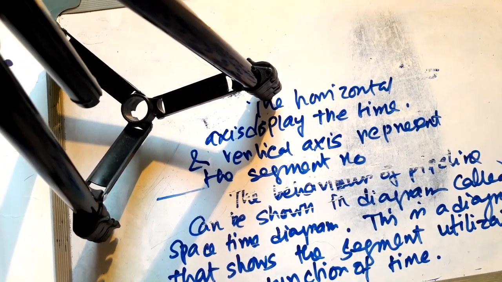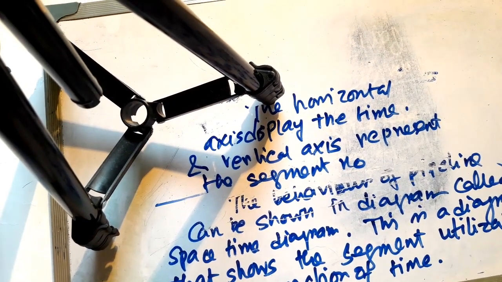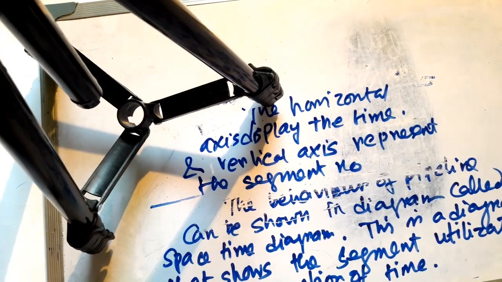This is the basic concept of the diagram. Horizontal axis is basically time, and vertical axis specifies the segment number according to the time and segment utilization.